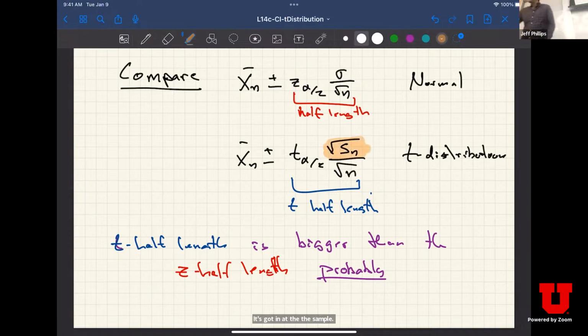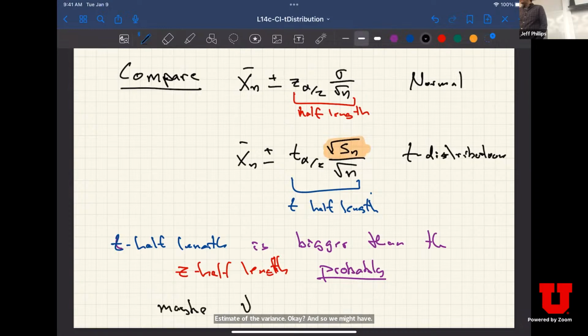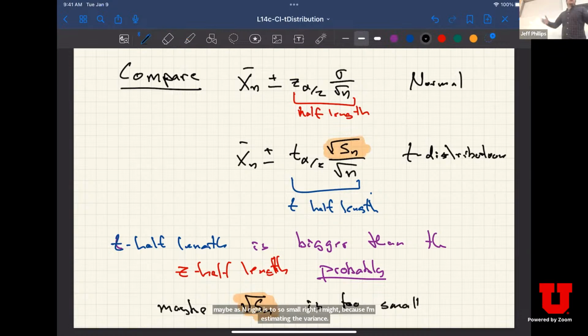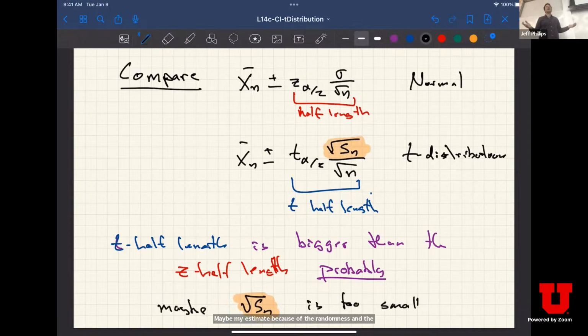So we might have that S n is too small. Because I'm estimating the variance, and because of the randomness in the process, it's a random variable, it might be smaller than sigma.